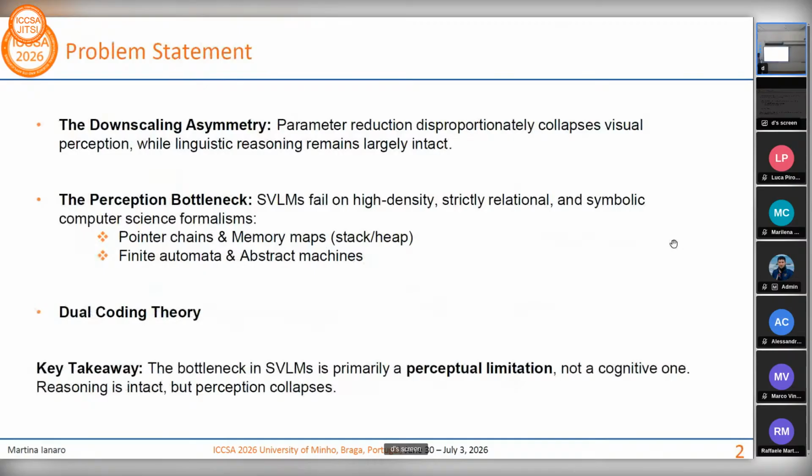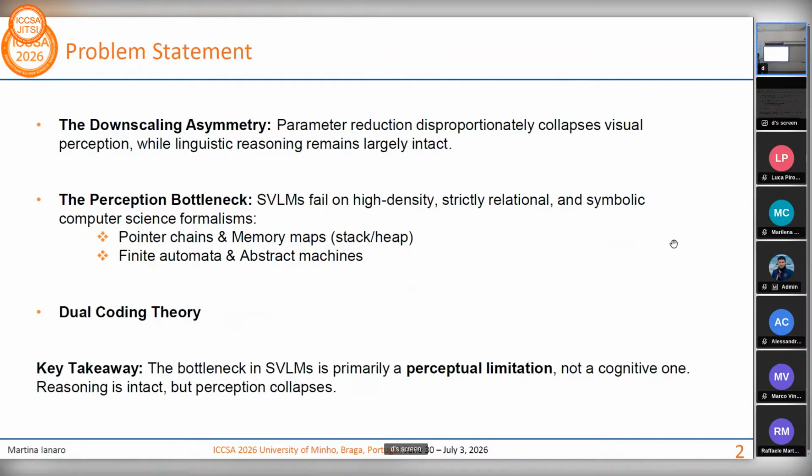To go deeper into the problem, we speak about downscaling asymmetry. Starting from downscaling intelligence, there is a literature paper from this year, 2026. It says that when we downscale the parameters of a small visual language model, we have a regression in capabilities, but it is not equal from the visual and textual points of view.